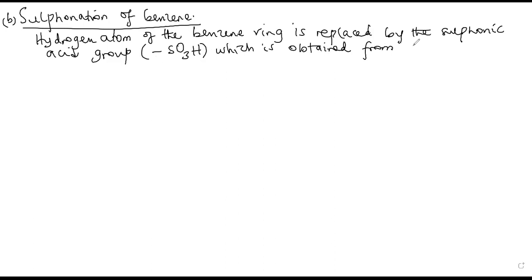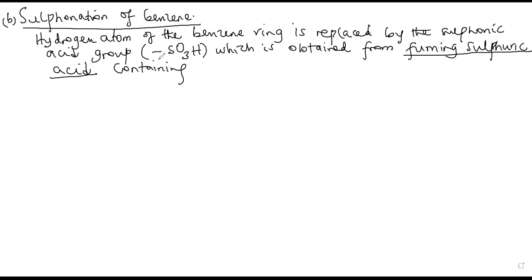It's obtained from fuming sulfuric acid. And what special thing is in that fuming sulfuric acid? That fuming sulfuric acid contains excess sulfur trioxide.